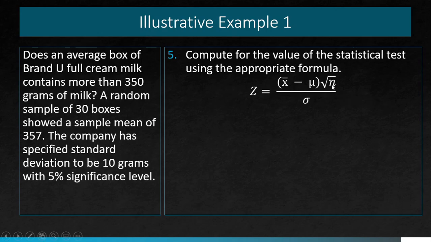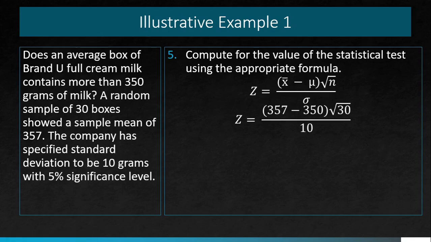And you have n, your sample size, in which you have 30 boxes, or the number of items found in your sample. And your standard deviation is given here, the population standard deviation, which is 10 grams.